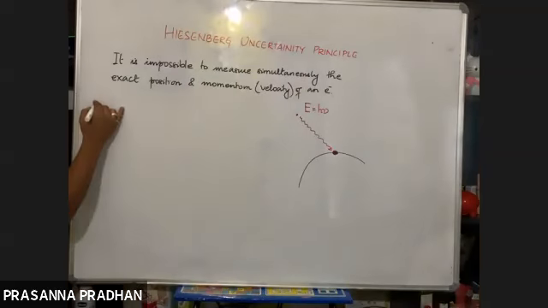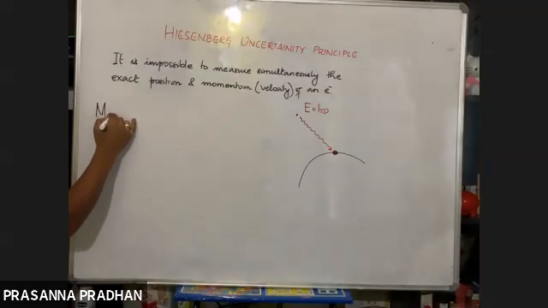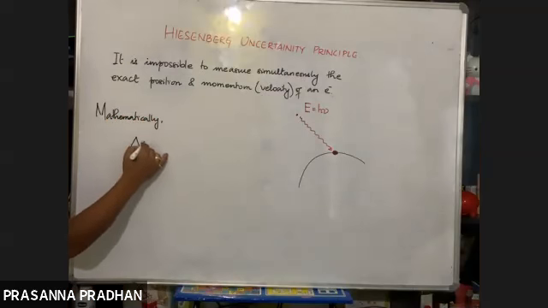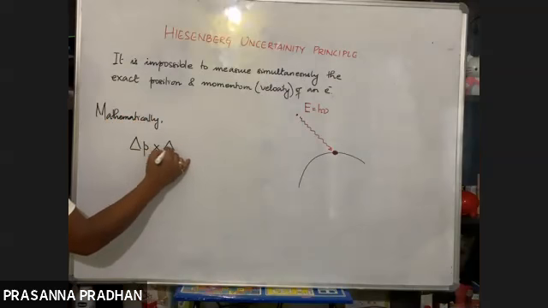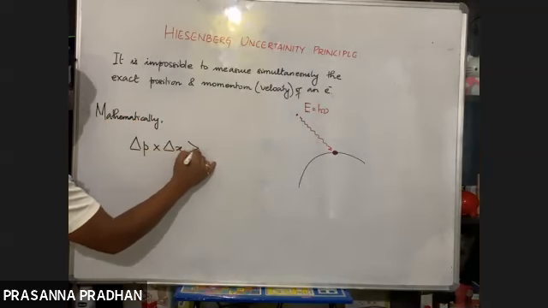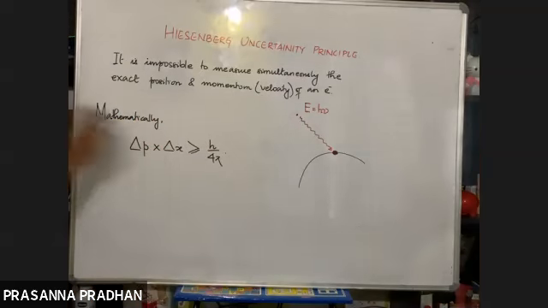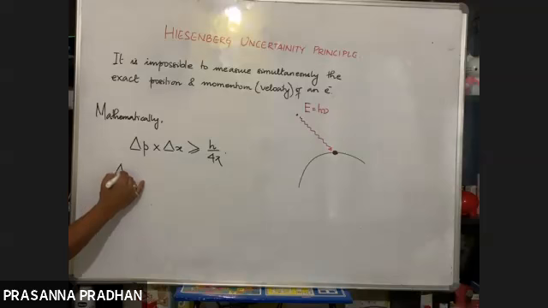Now mathematically, it can be written as delta P into delta X greater than or equal to h by 4 pi. So this is the Heisenberg uncertainty principle. What is delta P?